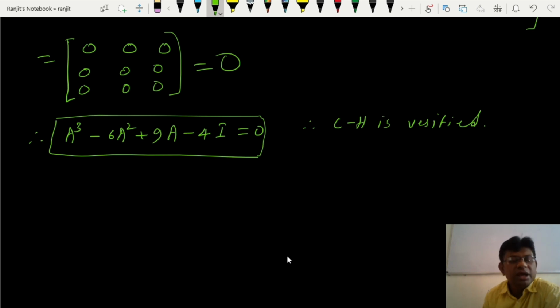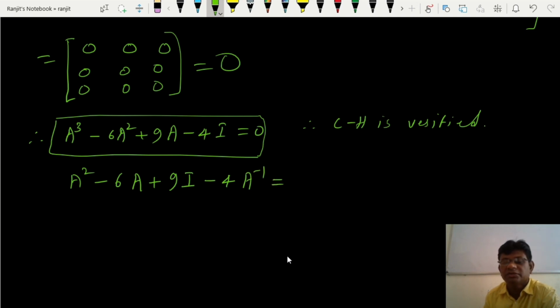Now, to find A inverse by using Cayley-Hamilton theorem, multiply this whole equation by A inverse. A inverse times A to the power 3, the answer is A square; minus 6 times A inverse times A square, the answer is A; plus 9 times A inverse times A, the answer is I; minus 4 times A inverse times I, the answer is A inverse; and A inverse times 0, the answer is 0 matrix.